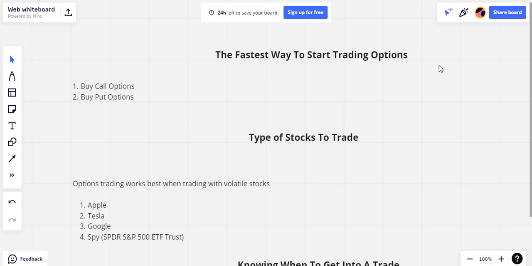And remember, there are 100 shares in one options contract. So in order to take out that call option, you multiply 5 by 100. So you'd have to basically pay $500 in order to take out that options contract on Apple stock if you think it's going to rise above 140.